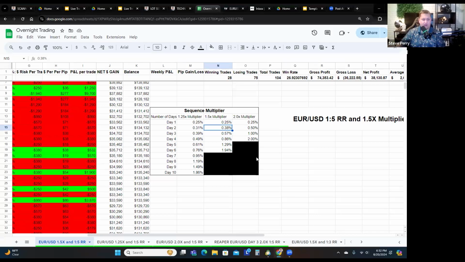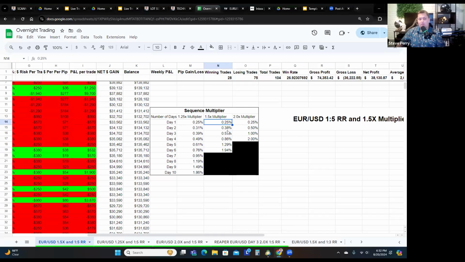The next night I come back, I take the exact same London breakout trade again, but this time with a 0.57% risk. And so on. I continue up to 6 days, and the highest risk I get to is 1.94% per trade on the 6th day. And so if I don't get a win by the 6th day, we would call that a bust, and you would restart the sequence back at 0.25.